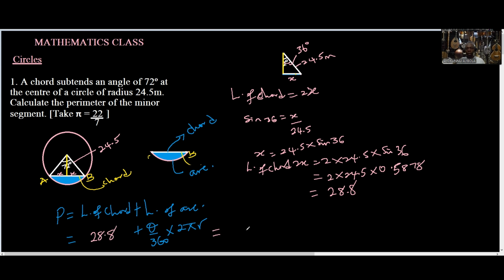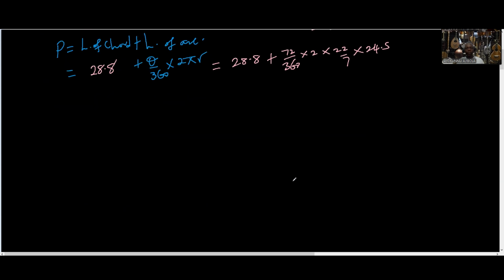Then the answer we're looking for will be 28.8 plus theta over 360 times 2 times 22 over 7 times 24.5. So this becomes the mathematical expression we want to deal with.